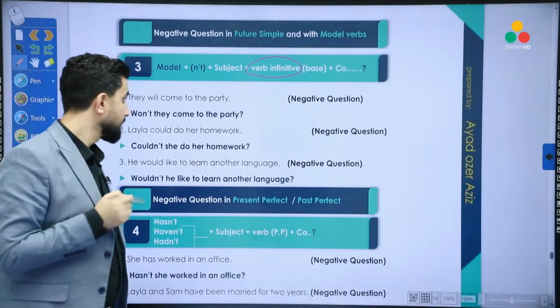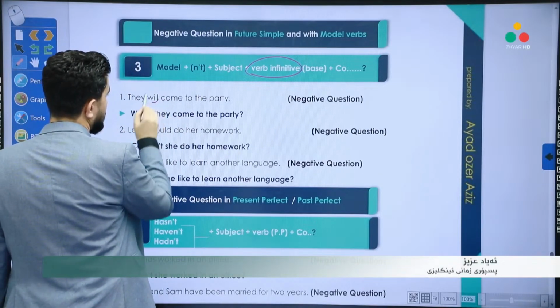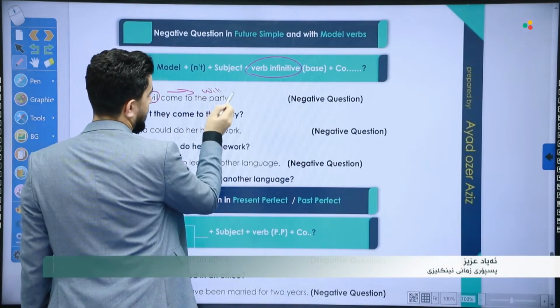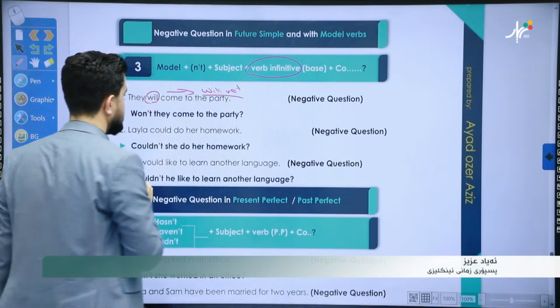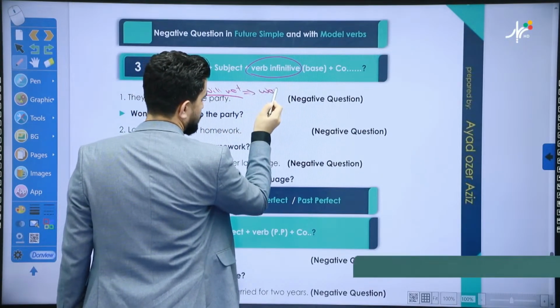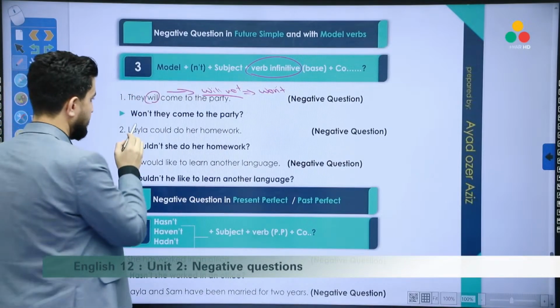Don't forget this. So for example, they will come to the party. Will becomes will not, right? But we use contraction form, which becomes won't. They won't come to the party.